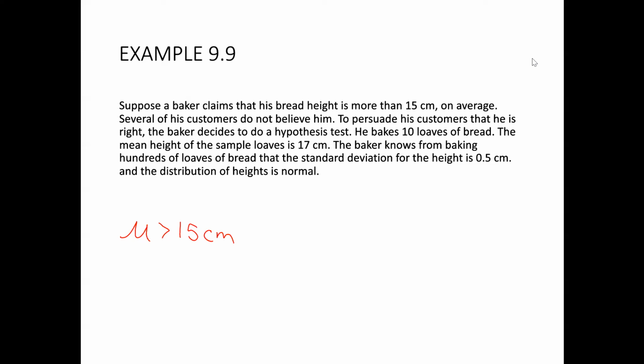The alternative hypothesis always contains either greater than, less than, or not equal to. It never contains equality. So the statement that the average is greater than 15 centimeters becomes the alternative hypothesis, which we can write as either H subscript A or H subscript 1.